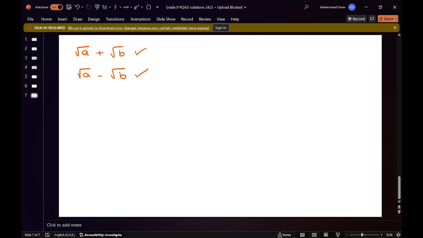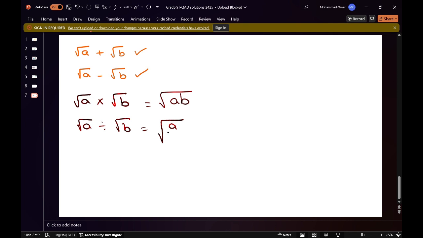But when you multiply root a by root b, these can be simplified under one root. You can write it as root ab. Understood? And in the same way, when you divide two irrational numbers, you can simplify them under one root. Got it? So you have to remember this.